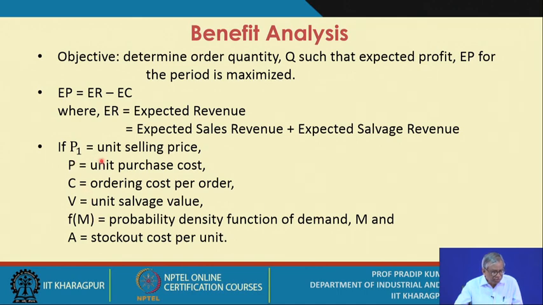Now, these are the notations we have used: P1 is unit selling price, C is the ordering cost per order. Later on we'll tell you how you can estimate the ordering cost per order. Essentially when you place an order, there are many kinds of activities you carry out.